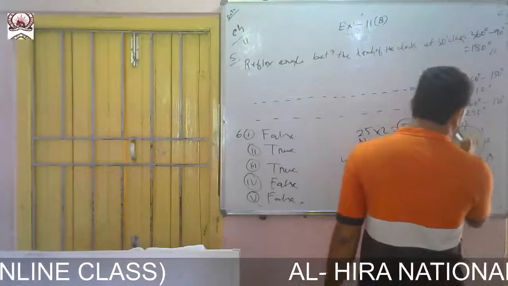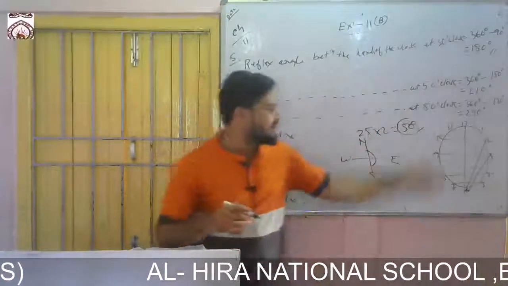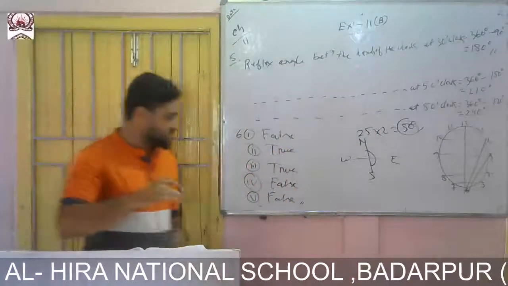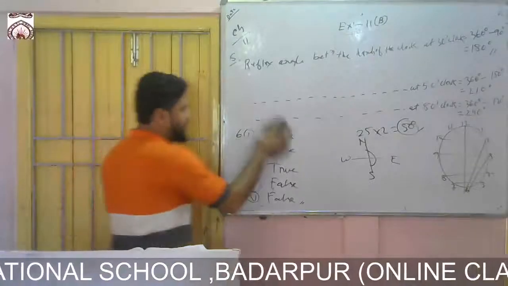So how many straight lines can be formed? If you count, you'll find 24 straight lines. So question number 12, you directly write 24.